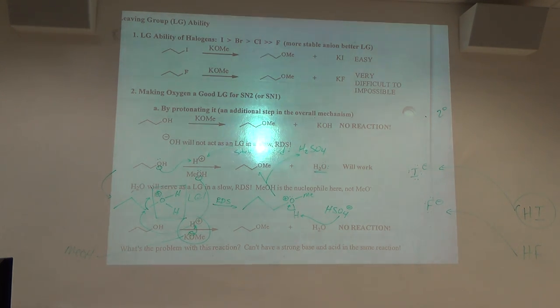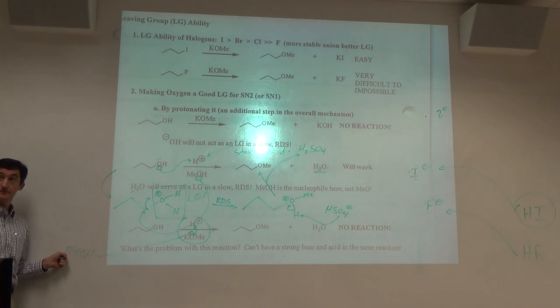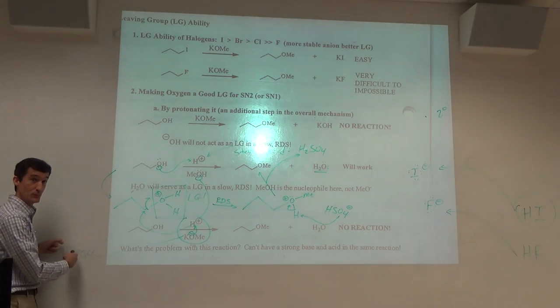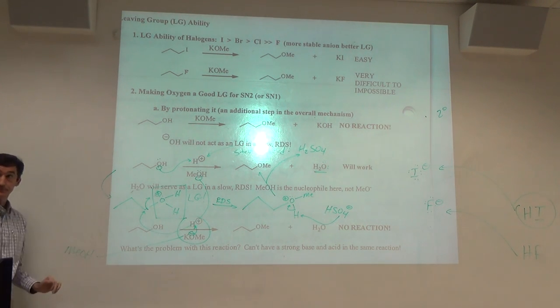Let's boil it down to something simple. When you're taking a bath and you turn on hot water and cold water and they go into the tub, what is the temperature of the water that you get? Warm. Hot and cold are going to neutralize each other and you're going to get warm. Acid base is going to neutralize each other.